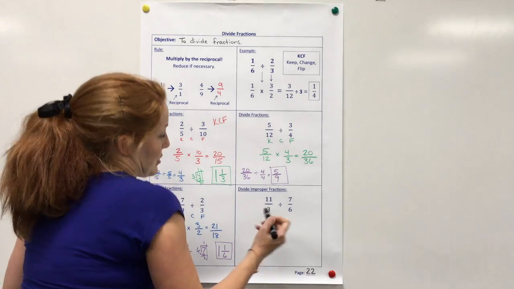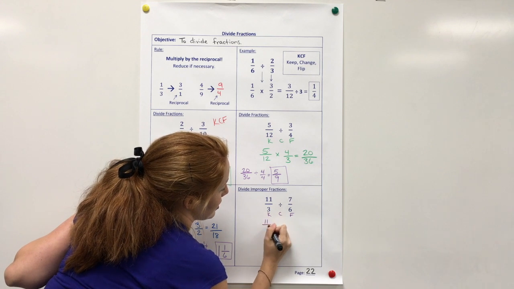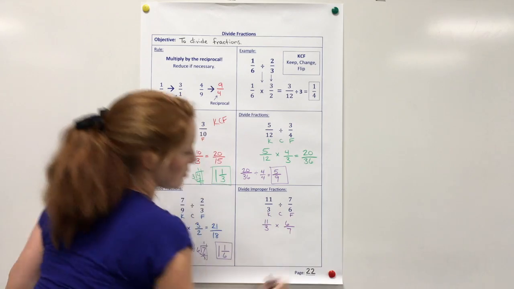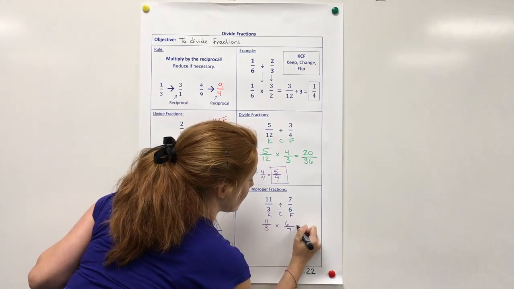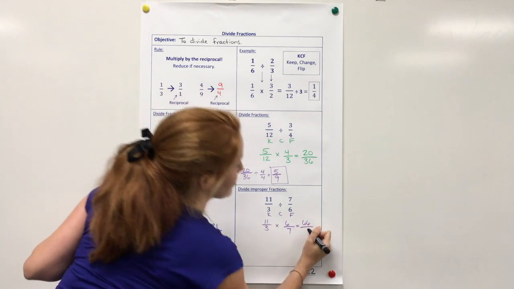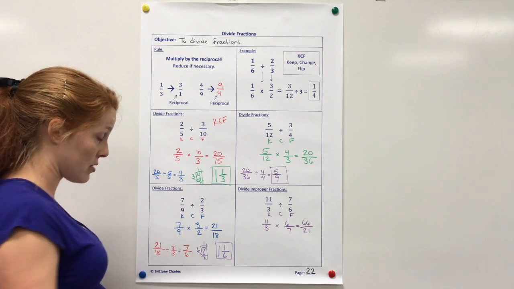So let's do keep, change, flip. Multiply. 11 times 6 is 66. 3 times 7 is 21. All right, now we need to reduce this.